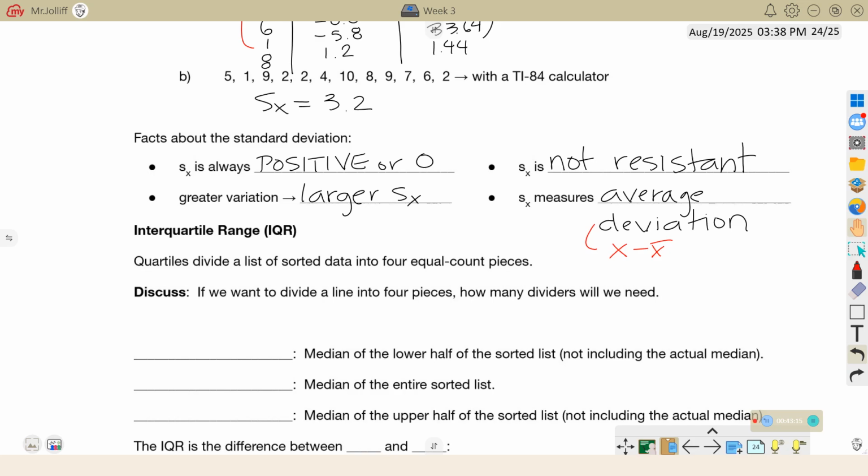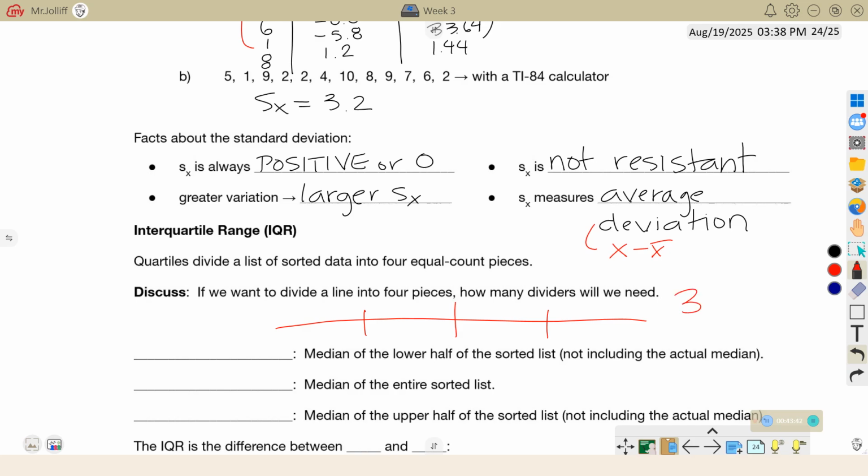And I have a question for you. If I want to take something and cut it into 4 pieces, how many cuts do I need to make? 3. Yeah, if I have a line and I want 4 equal chunks, I cut it in half, and then I cut the halves in half. That's 3 dividers.